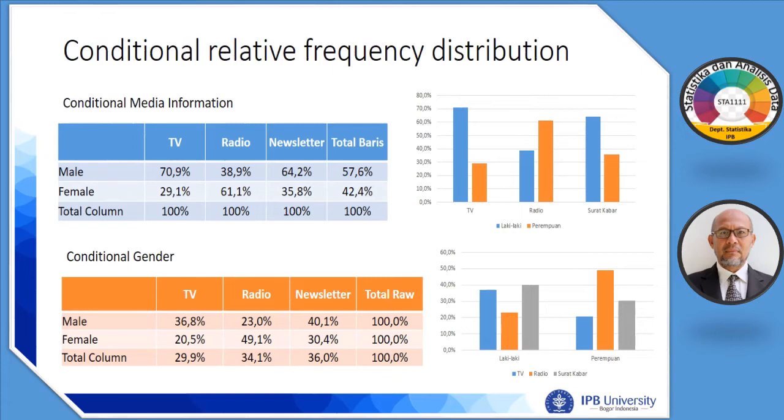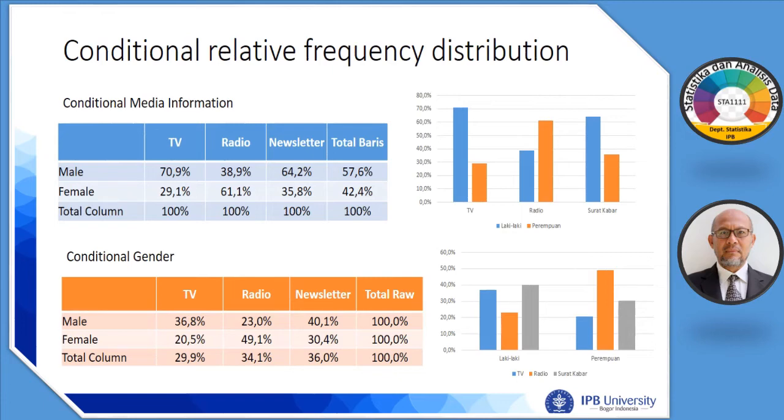But through the radio, from 100% of respondents, 38.9% is male, and 61.1% is female. Okay, clear, right? With newspaper, from 100% of respondents, 64.2% is male, and 35.8% is female.